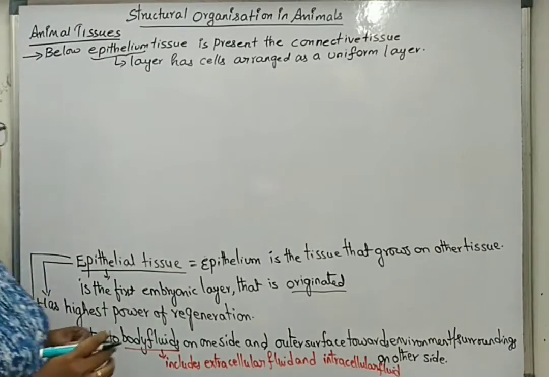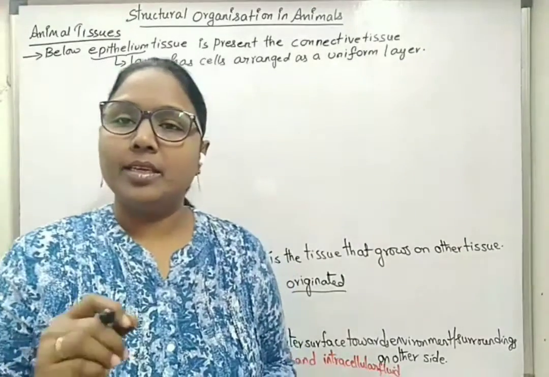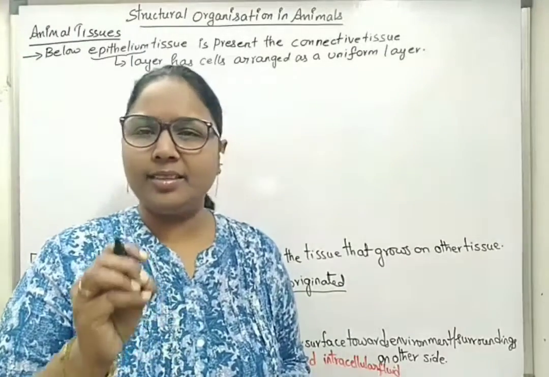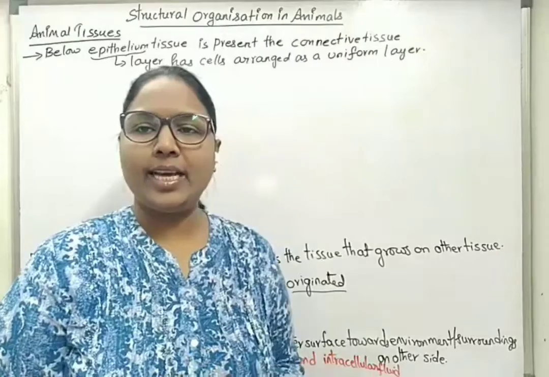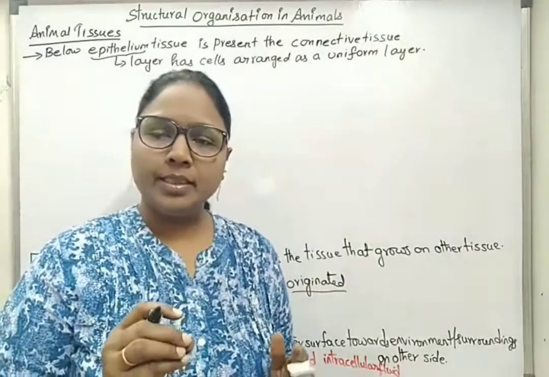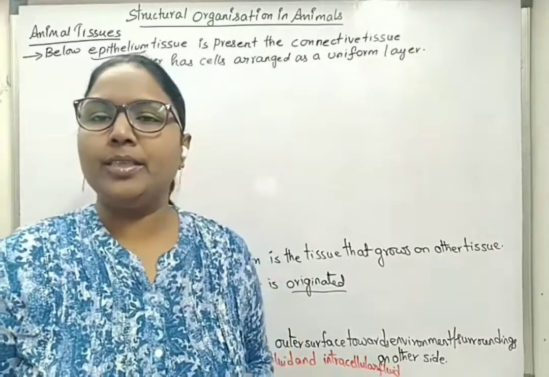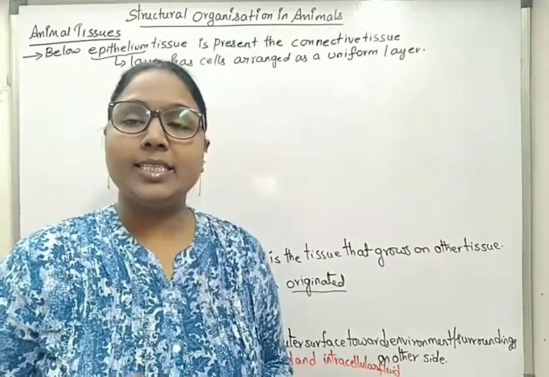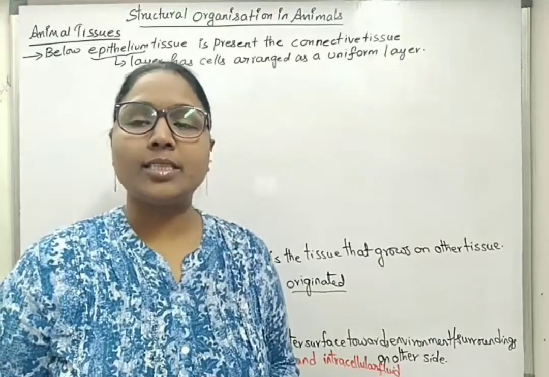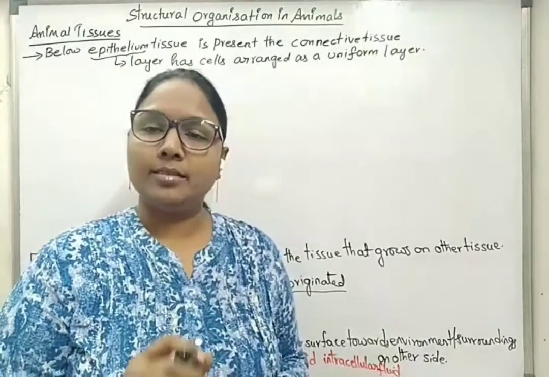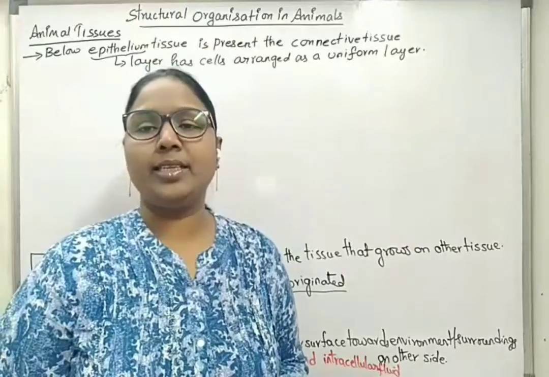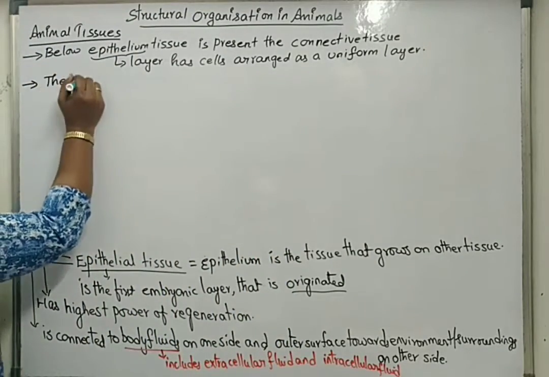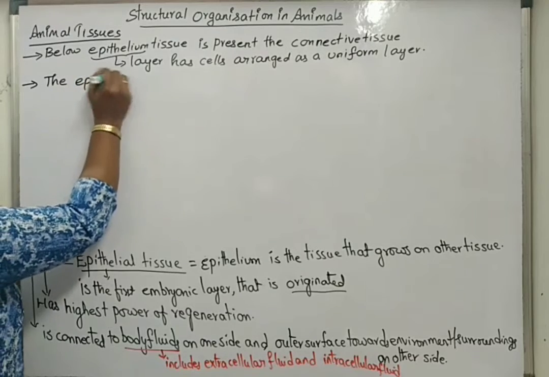Epithelial tissue is not having intercellular spaces. These are compactly arranged cells. When there is a little bit of gap between the cells, immediately that gap is filled by non-living intercellular matrix or intercellular substances, so the intercellular spaces are absent in epithelium.